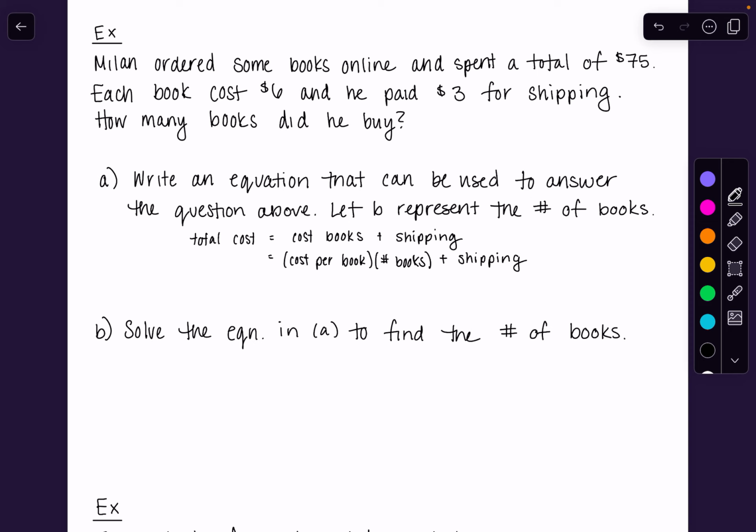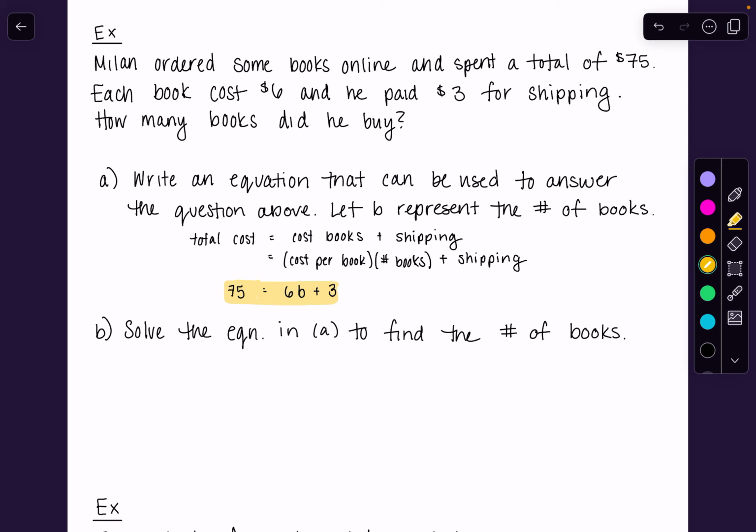So filling in all the components for this, my total cost is $75. The cost per book is $6. We bought B books. And then we have to add $3 for shipping. Okay? So this is going to be my equation that represents this situation. And again, it's just a matter of breaking it down into those logical pieces.